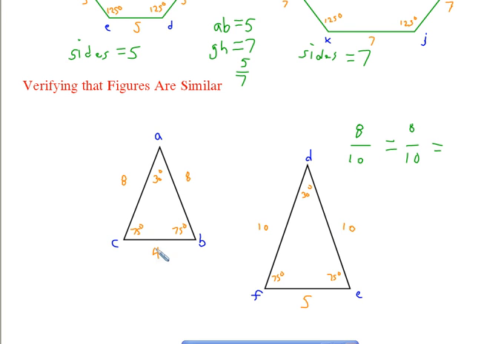Now I have to see if this ratio is equal. I've got a 4 over here and a 5 here. So 4 and 5. If you were to multiply both top and bottom by 2, you'd end up with 8 over 10. So we have similar figures, because the ratio of the different sides is the same, equal to 4/5, and the angles are all the same, so we have proven that they are similar figures.